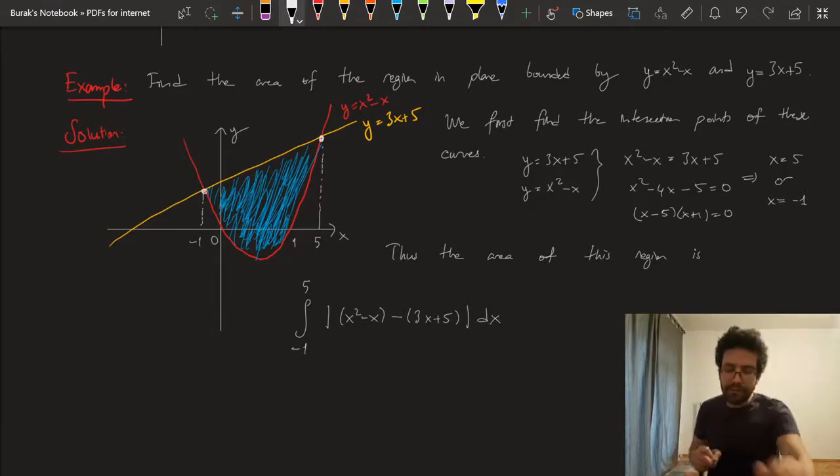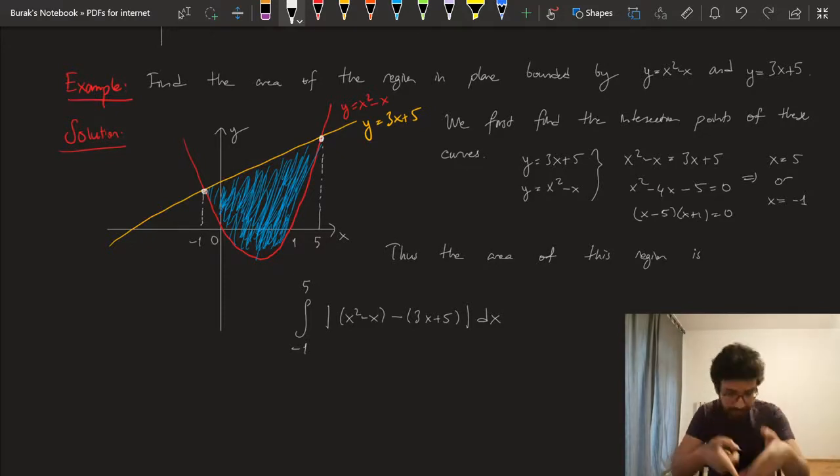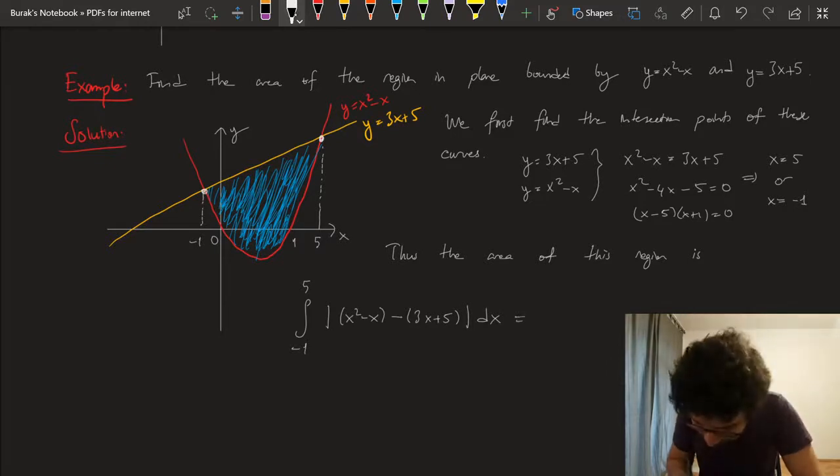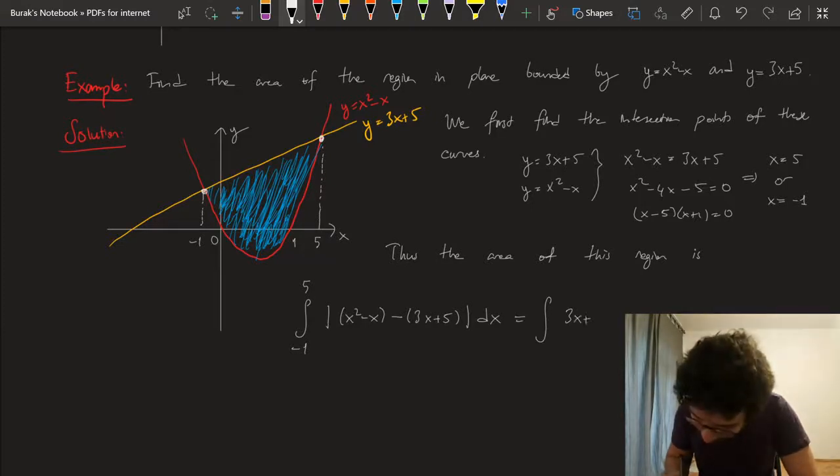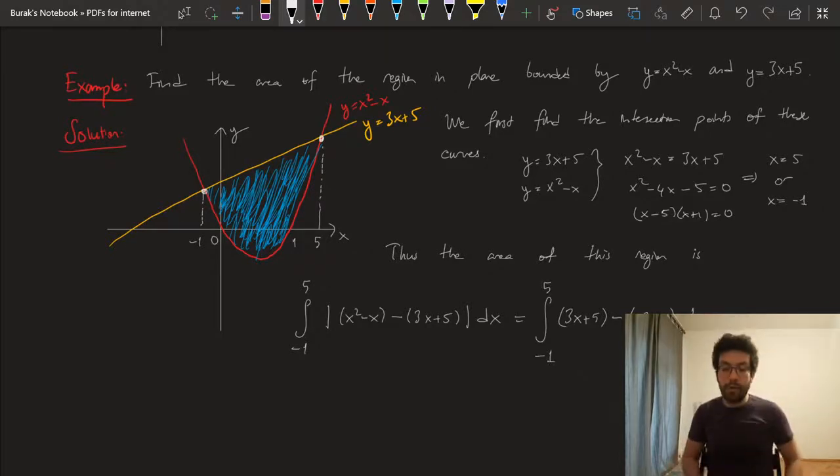Now in order to get rid of the absolute value, I need to figure out which function is the bigger one over this interval. But from the picture you can actually see that that function is 3x plus 5. So I have the top function minus the bottom function integrated from minus 1 to 5. Okay, and this gives me the area.